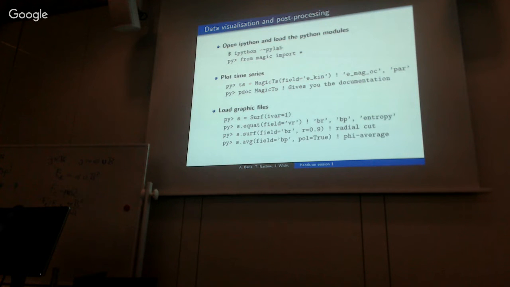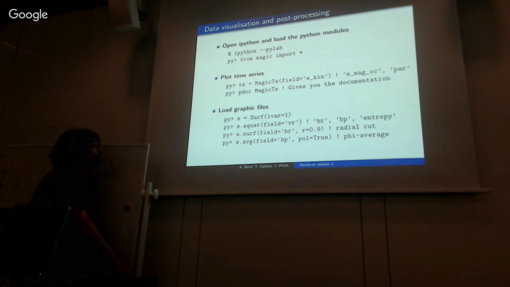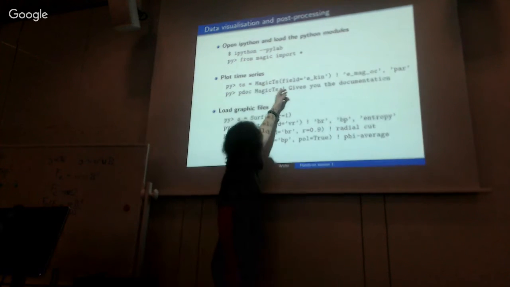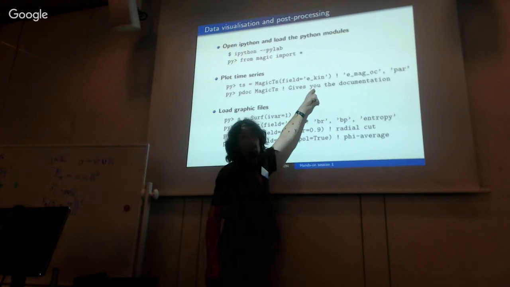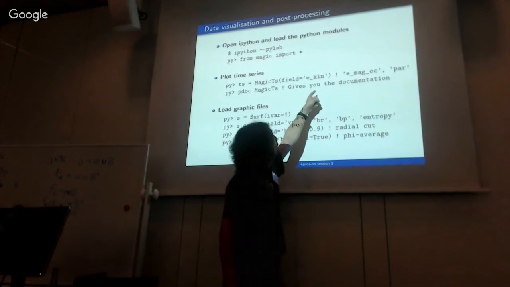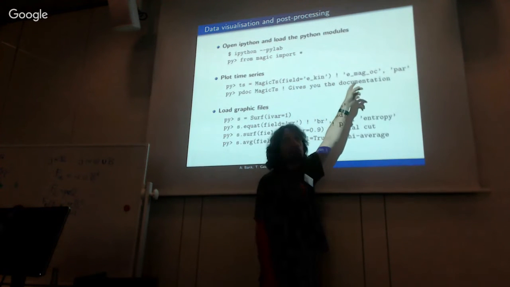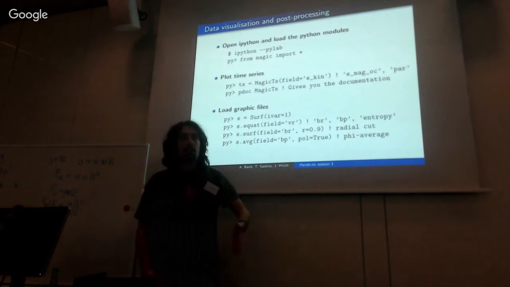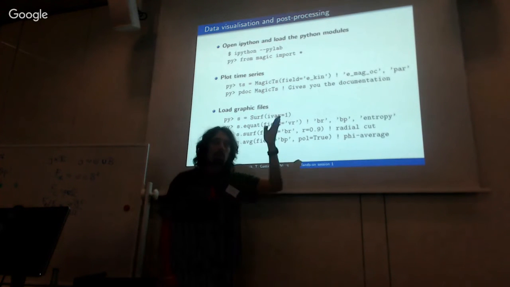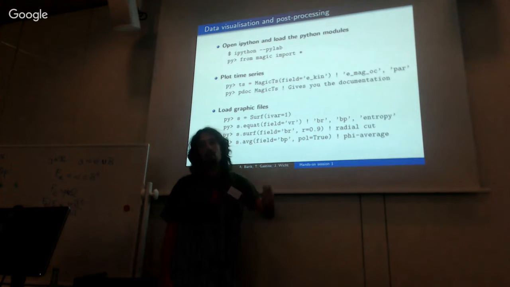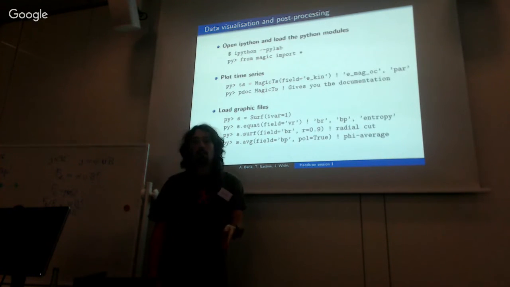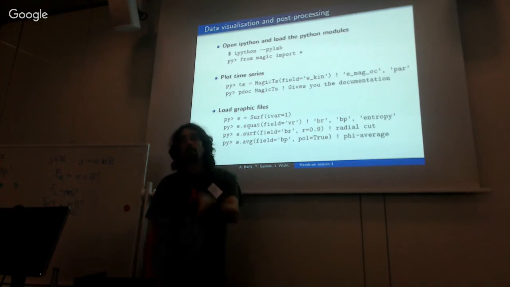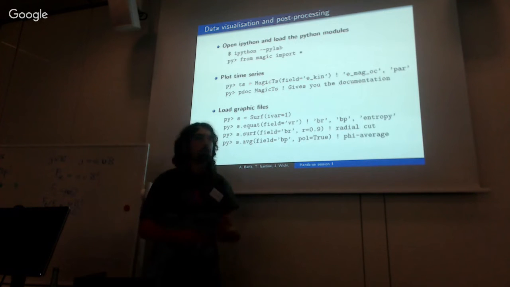Okay, just a couple of details. I mean, what is this guy actually doing here? So it's loading the file which is named e_kin dot your extension, which should be the test for the run you did here. And this file is just an ASCII file where the first column is the time, the second column is the poloidal kinetic energy, the third column is the toroidal kinetic energy, then you have the axisymmetric poloidal, the axisymmetric toroidal, and so forth and so on.